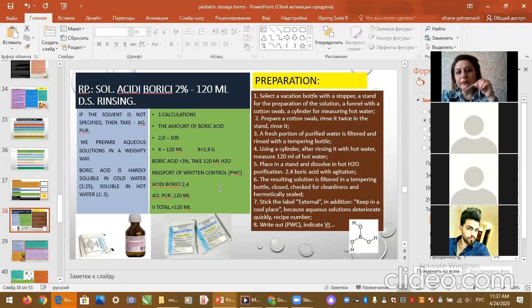How do we calculate the amount of boric acid? What does 2% mean? If we have 120 ml of solution, how much acidum boricum must we take if 2% is prescribed, my dears? What does percentage mean?